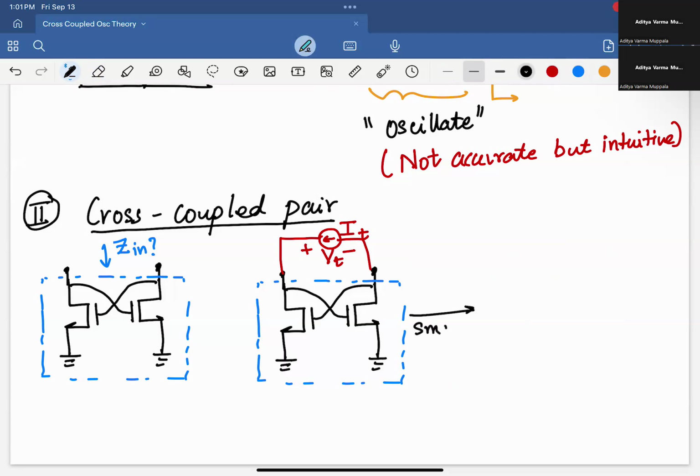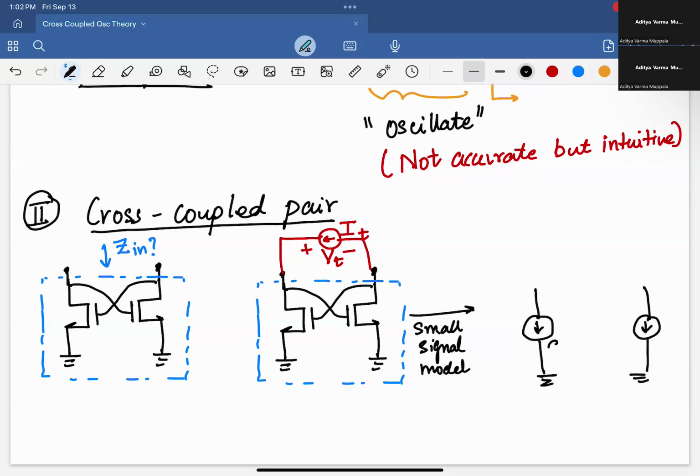Hopefully you know what that is if you've taken a circuits course. In the small signal model, I'm going to ignore the channel length modulation. So we'll just place 2 current sources. I'm going to treat these transistors as 2 current sources. And we know that this current source is given by GM Vy, since this one's gate is controlled by the voltage here.